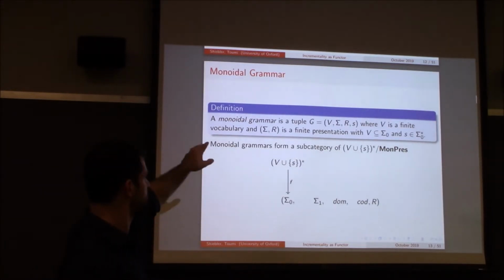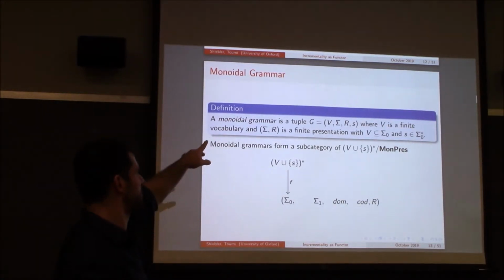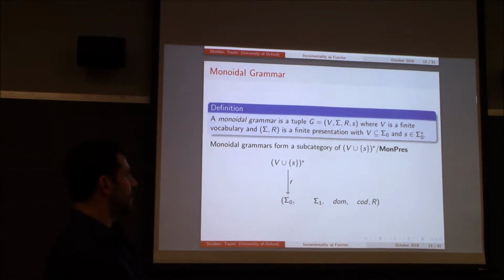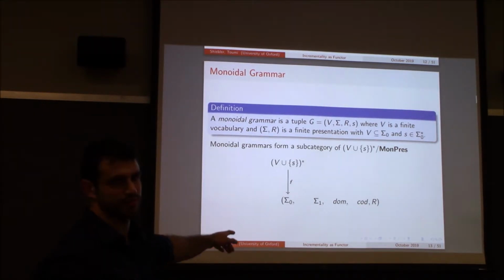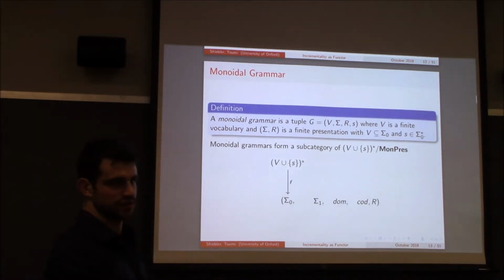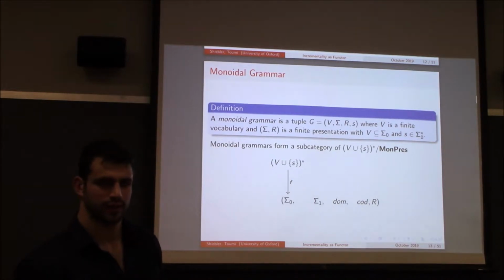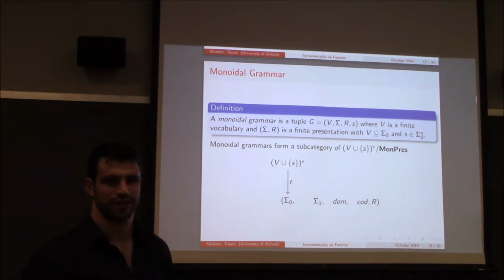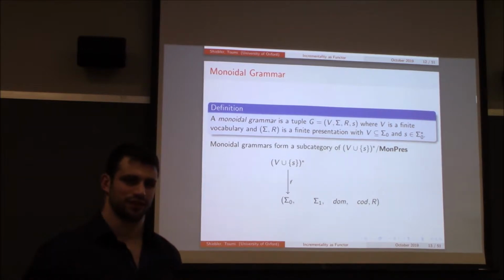The difference is just that this slice mapping needs to map into the individual objects rather than tensor products of objects, which is why it's a subcategory rather than the category itself. And so this is the notion of a monoidal grammar that's a generalization of the pre-group construction that I described earlier.